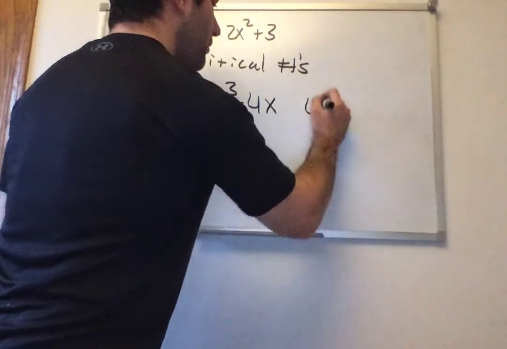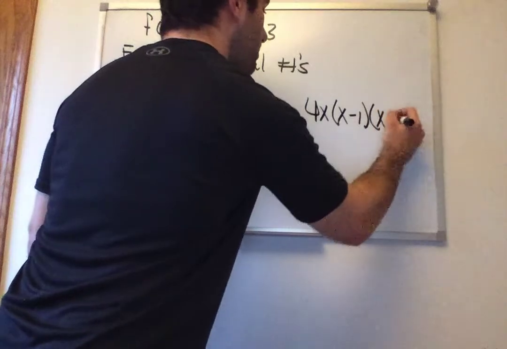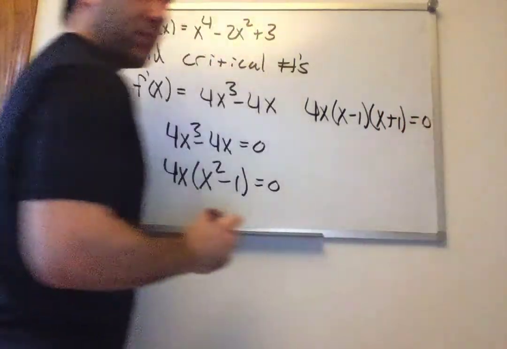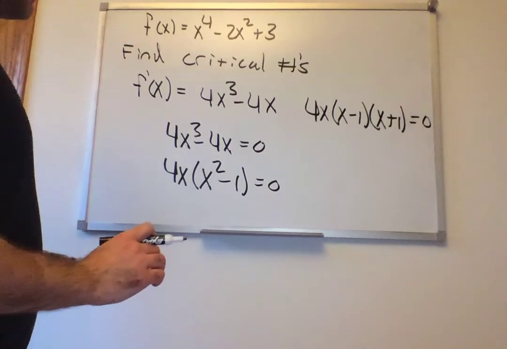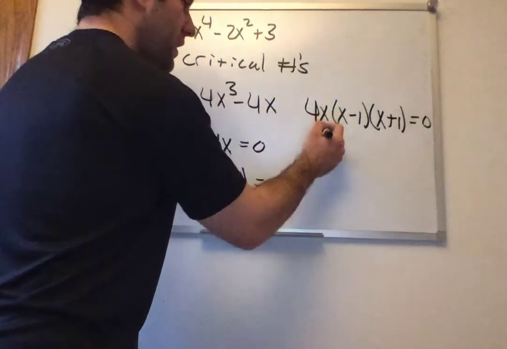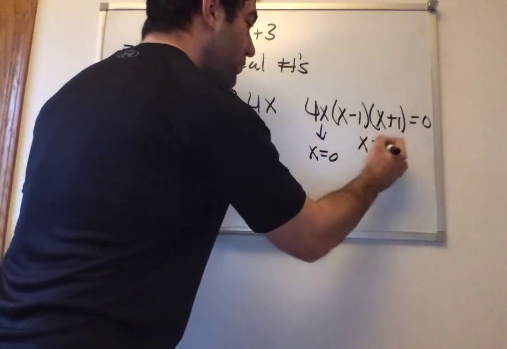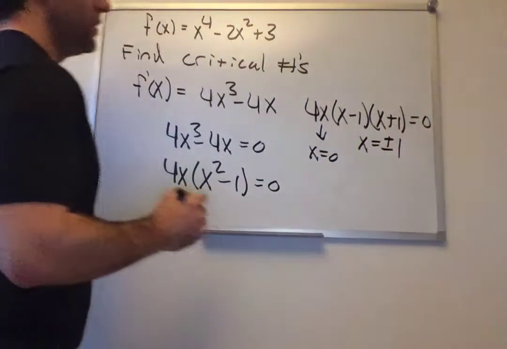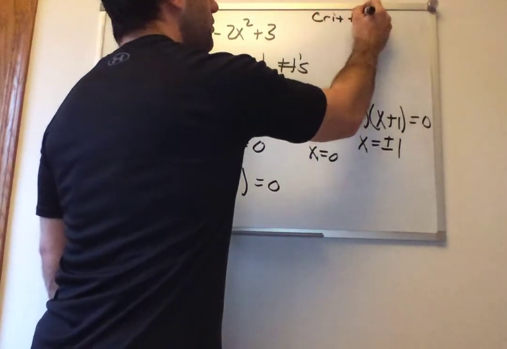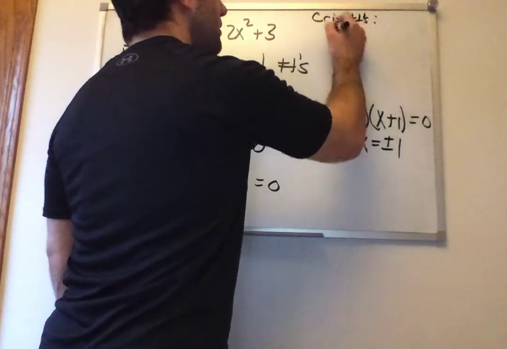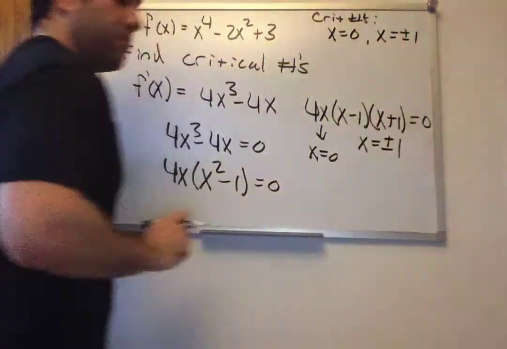So you have 4x times x minus 1 times x plus 1 equals 0. Okay, so from here, we see x must equal 0, and from these two, x must equal plus or minus 1. So I'm going to write this up here. Critical numbers: x equals 0, x equals plus or minus 1.